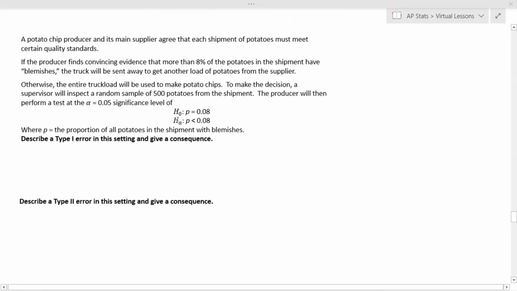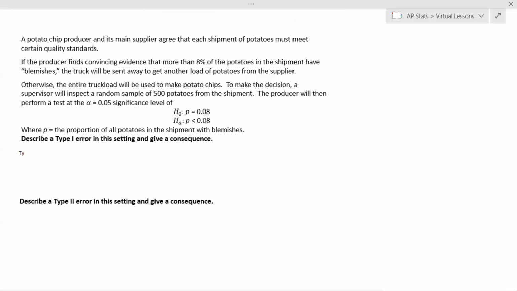So we're back to that potato chip example. We have a hypothesis test that we performed, and what we want to do is describe a type 1 and type 2 error and give a possible consequence. When we're describing or interpreting, you're always going to want to do it in context of the problem.